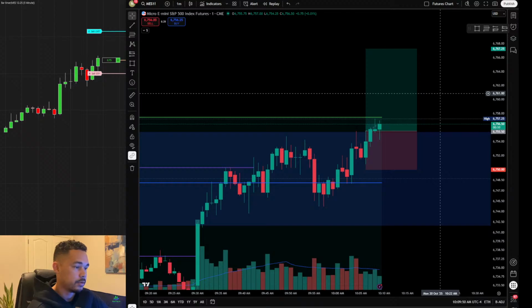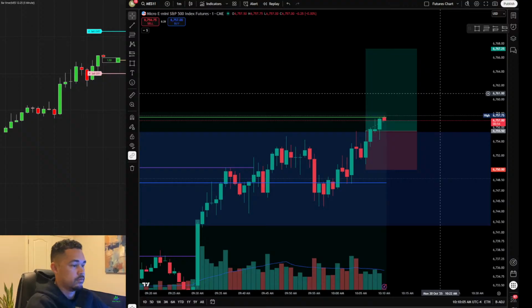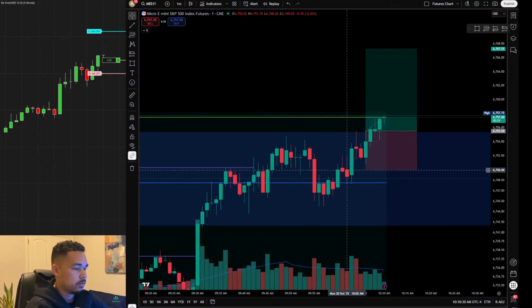So let's see if we can get another strong push to the upside. And then also we basically traded and bounced off of this point of control area.